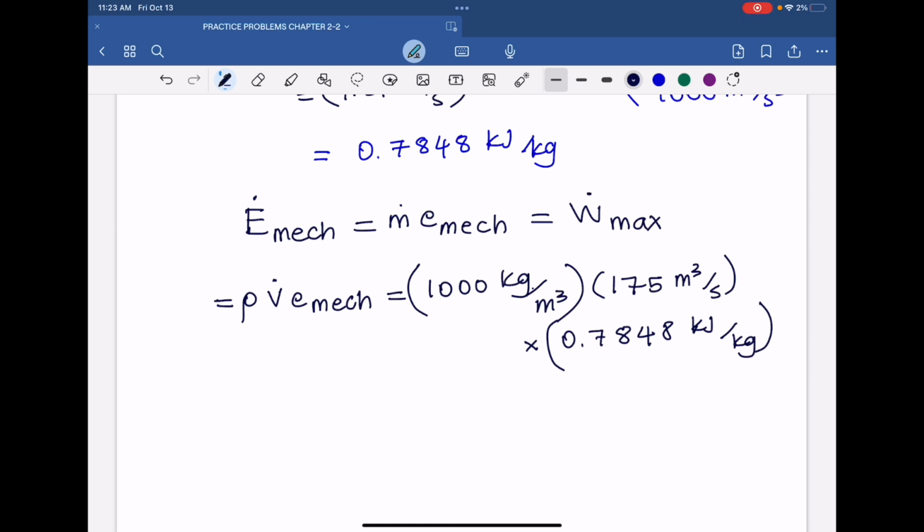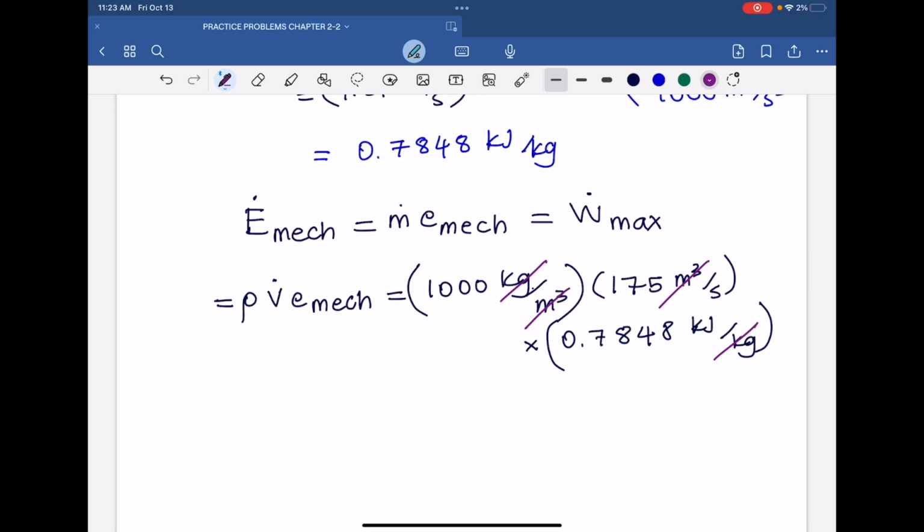Okay, so here the kilograms cancel and meter cubes cancel, and we are left with the unit of kilojoule per second, which is the unit that we are looking for, and it will give us the result in terms of kilowatts.